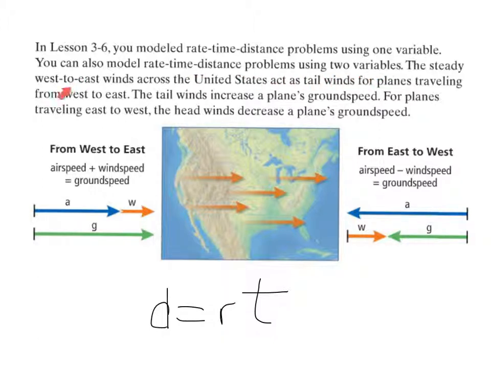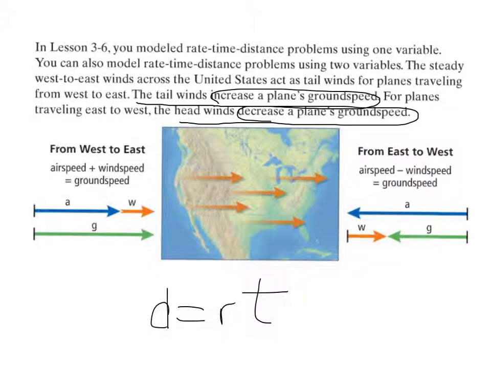The steady west to east winds across the United States act as tailwinds for planes traveling from west to east. So remember once again, if you're going with the wind, it increases your speed. If you go against the wind, called headwinds, that decreases your speed. So if you're going from west to east, the total ground speed increases.